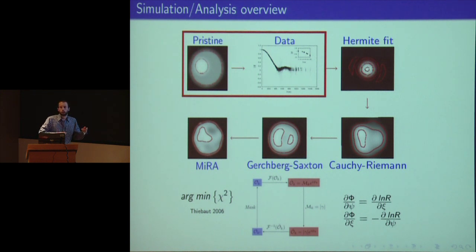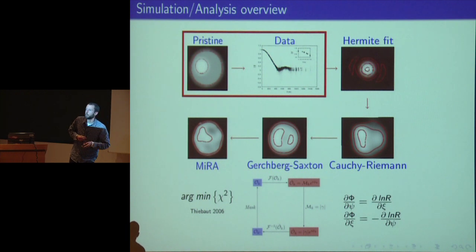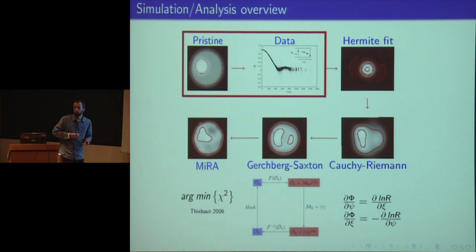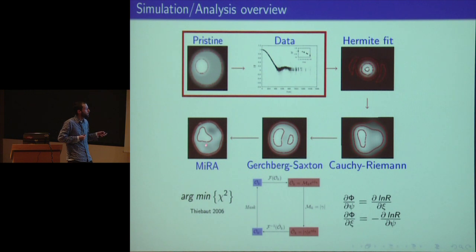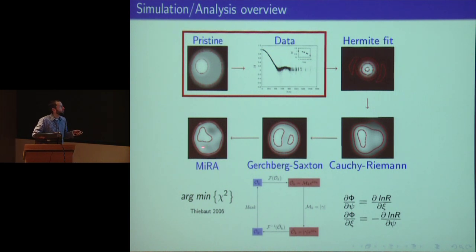And you can use other available analysis techniques, such as the tools that have become standard in amplitude interferometry, such as MIRA, which stands for multi-aperture image reconstruction algorithm, which is essentially an iterative algorithm that maximizes the agreement between the Fourier transform of your guess and the data. And so you see that in the end you obtain something that, well, it's not too bad.